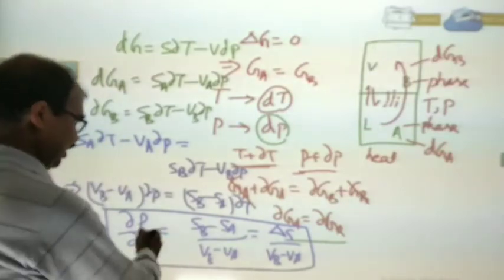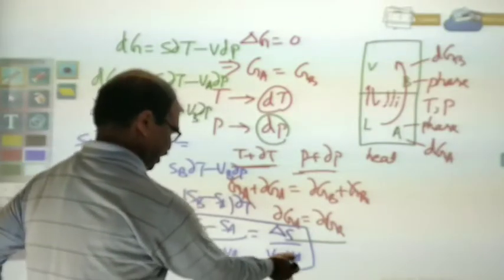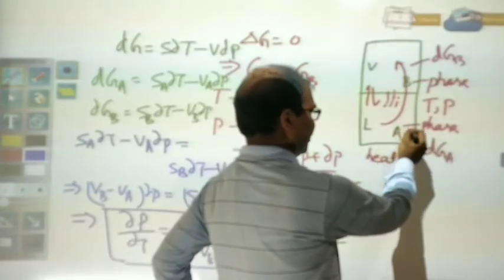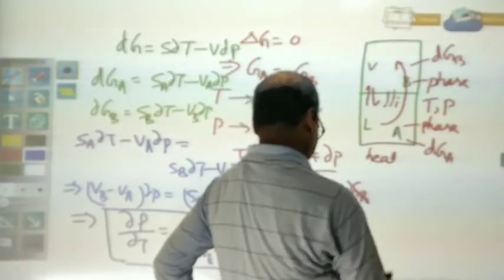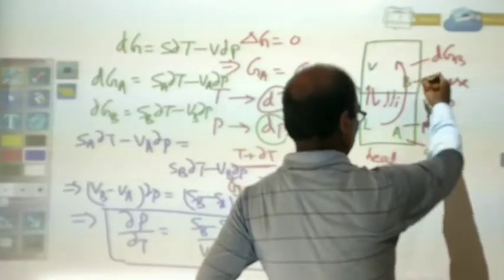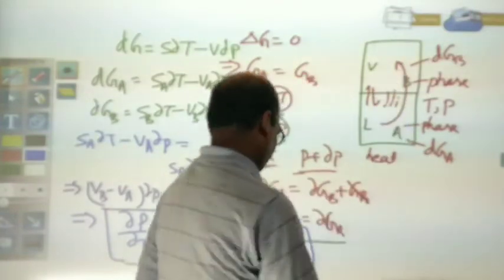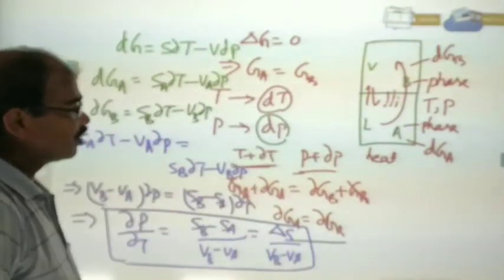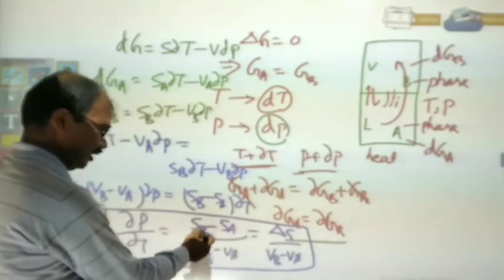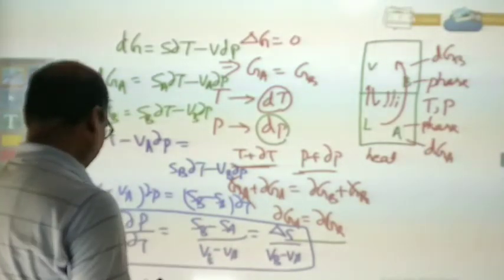Here VB and VA, this is the liquid phase and vapor phase. So VB and VA are the molar volumes. VA is the molar volume of liquid, VB is the molar volume of gas. Okay. So delta S, that is SB minus SA, is also the difference between the molar entropy of the two phases.